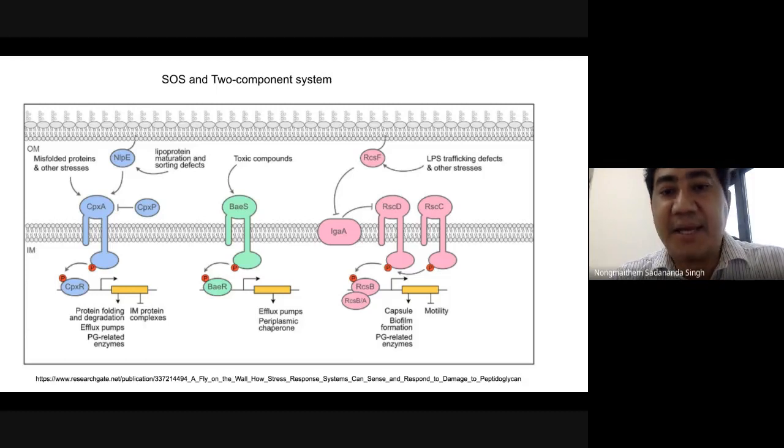It can package itself like a bacteriophage, and this can help in spreading pathogenicity inside the system. So if you induce the SOS response with a low dose of antibiotics, rather than curing the pathogenicity, it may help in spreading the pathogenicity.